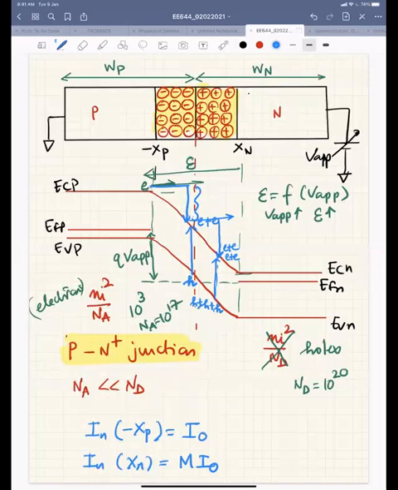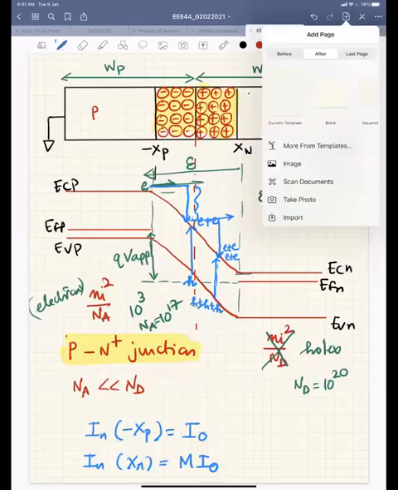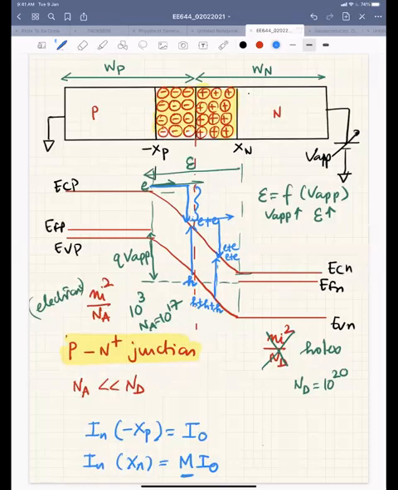This M is what you call the multiplication factor, or the impact ionization coefficient, as we many times say.